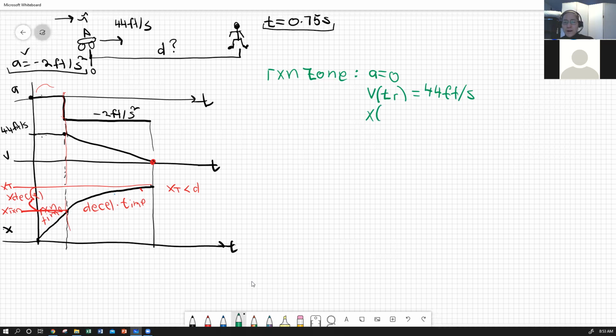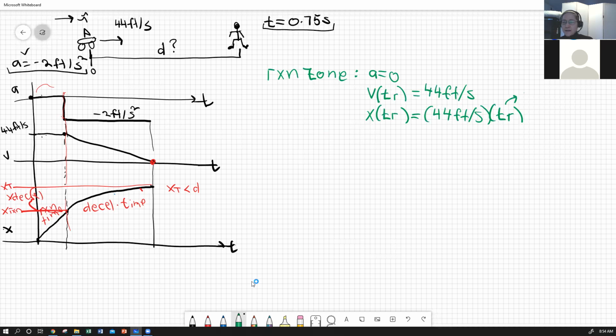And the distance we travel within that region is, of course, 44 feet per second times time.